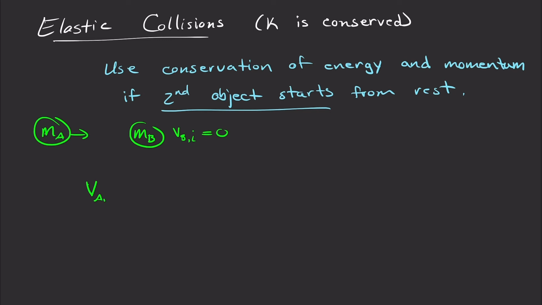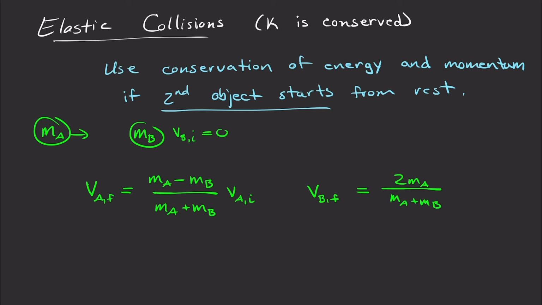So the final velocity of A after the collision is going to be mass A minus mass B, and you don't have to worry about where these come from, over the sum of the masses times the initial velocity of A. And then for the velocity of object B after the collision, you get twice the mass of A over the sum of the masses times the initial velocity of A. So these are equations that you can use.